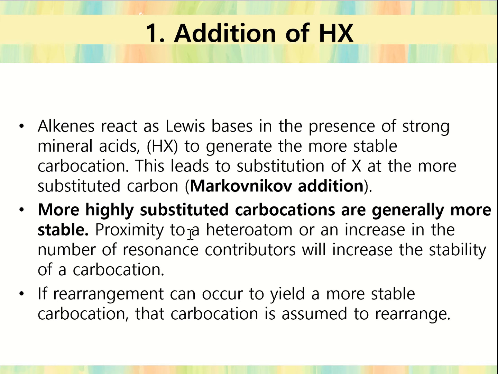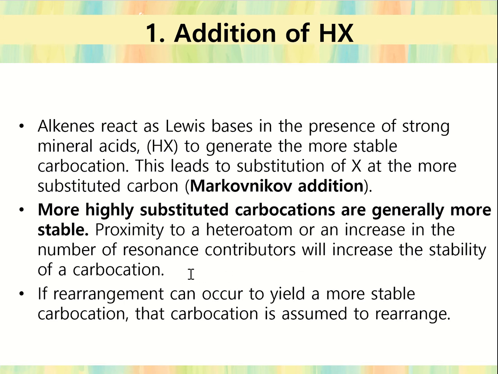So the proximity to a heteroatom or an increase in the number of resonance contributors will increase the stability of the carbocation. So by this stage, we understand what resonance contributors are, and the fact that we can have an increased number of resonance contributors, and that will cause an increase in stability of the carbocation.